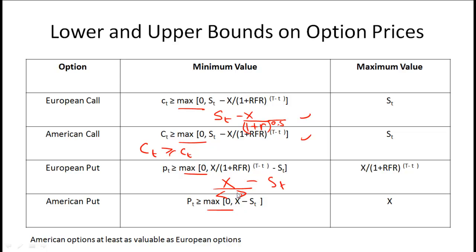So you notice that with an American put, the X or the exercise price is not discounted here, and also with the maximum value, the X or the exercise price is not discounted. And just to repeat, since American options give you essentially more options, in other words, you can exercise anytime, then it has to be at least as valuable as European options, both for calls as well as for puts.